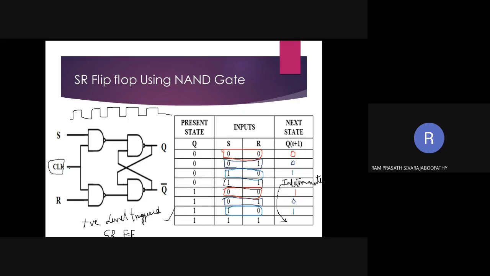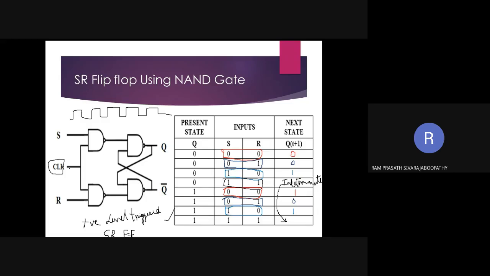Is it clear, Srihari? Flip flop means the inputs keep getting enabled periodically. Whereas in the case of latch, whenever it is required, at that time we can make it high or low. That is the difference between latch and flip flop.